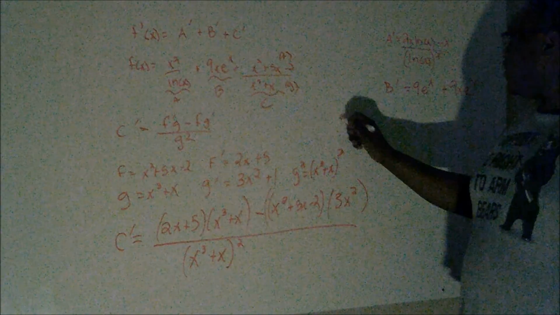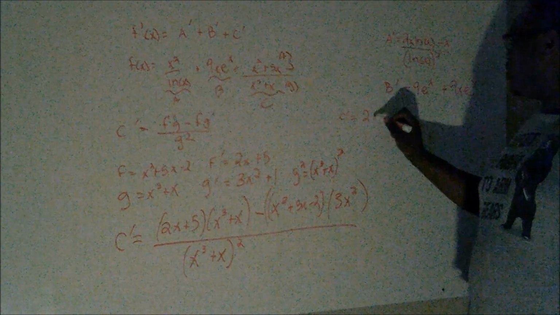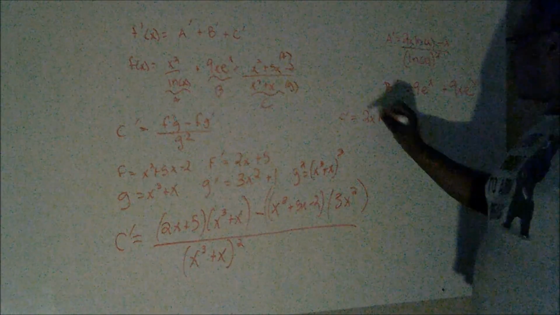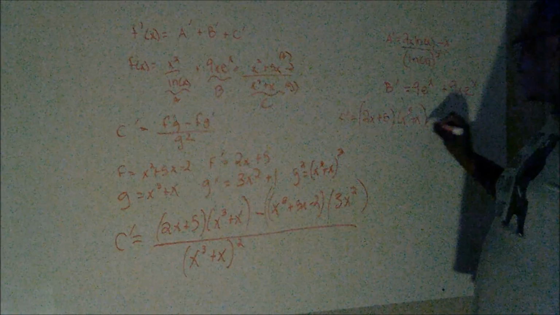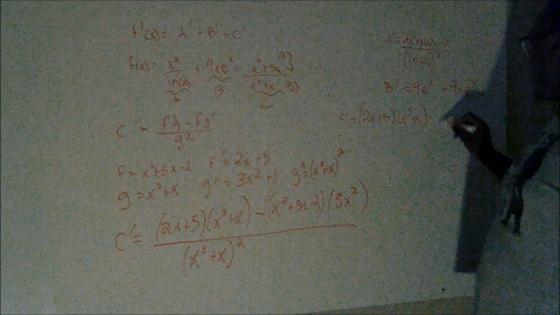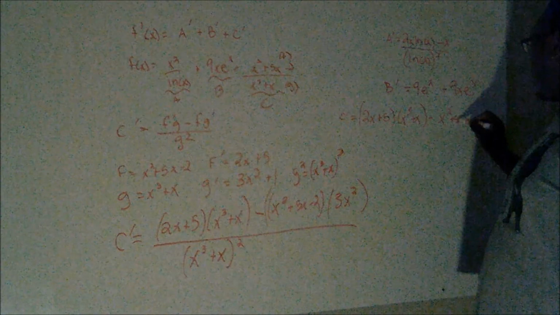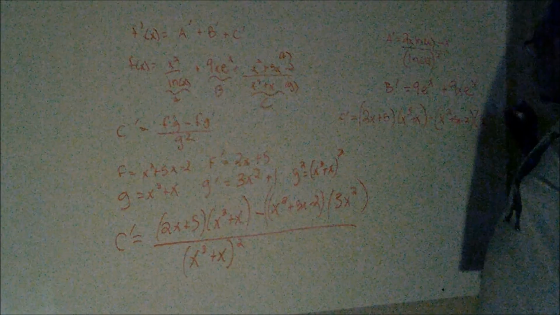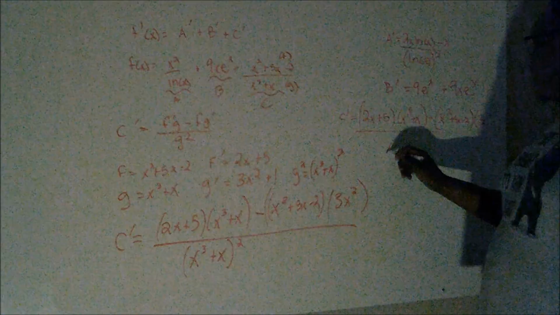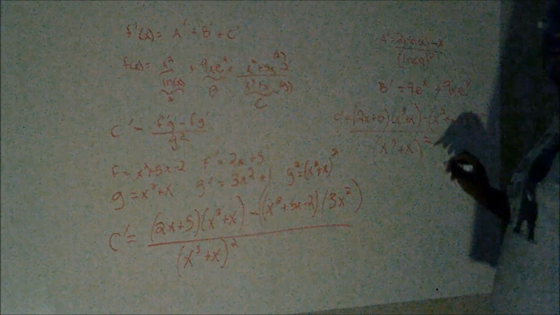So we have c prime equal to 2x plus 5 times x cubed plus x minus x squared plus 5x minus 2 all times 3x squared all divided by x cubed squared.